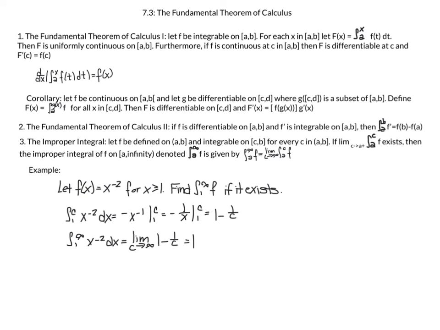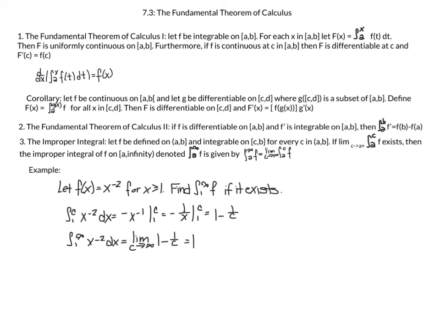Our next example is f of x equals x to the minus 2 for x greater than or equal to 1. So we have eliminated the problem of x equals 0. Now we want to find the integral from 1 to infinity of f, if it exists. So we look first at the integral from 1 to c of x to the minus 2, and that's equal to minus x to the minus 1 evaluated at 1 and c.